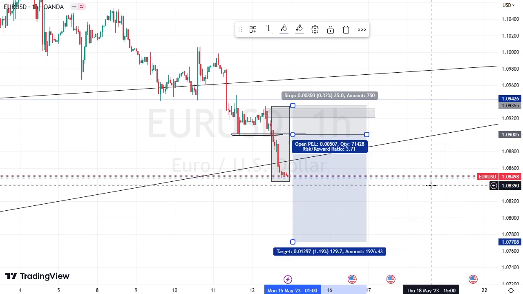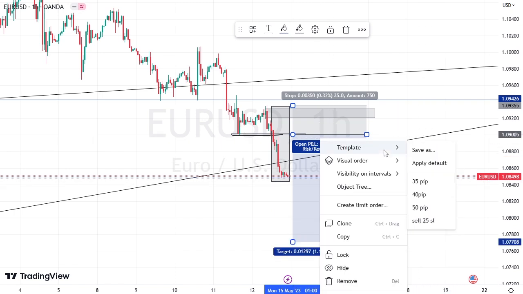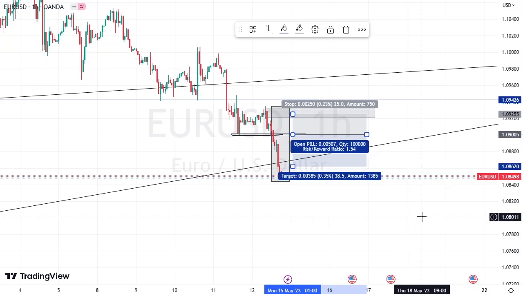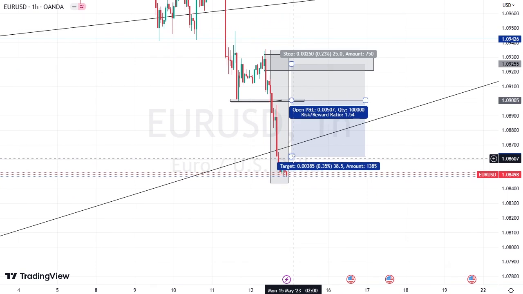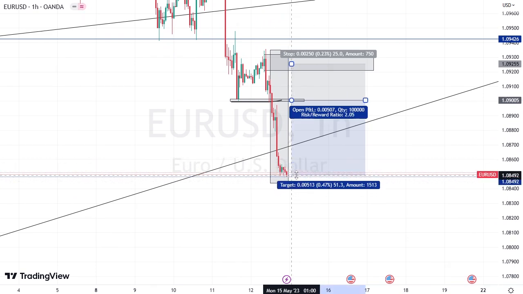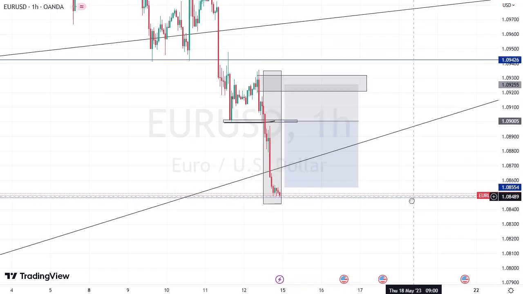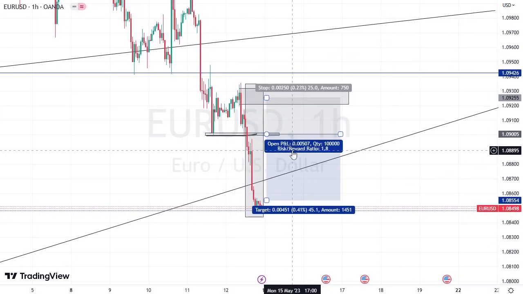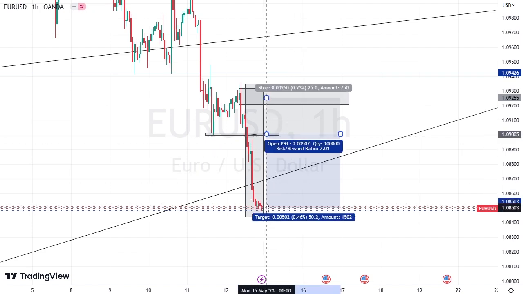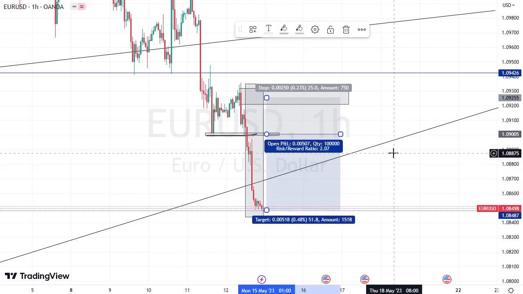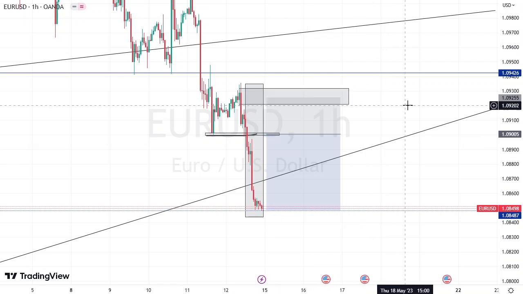Keep it 35 pip, or let's make it 25, then we have it like that, then the same height of the impulse. So we can also come here, yeah, we can just say here. So overall we have 1:1.8, or you might call it 1:2.